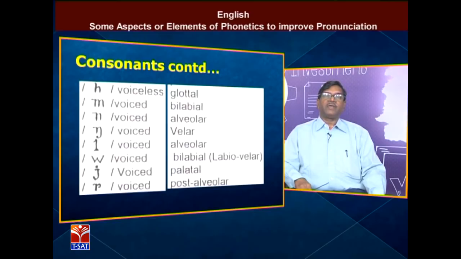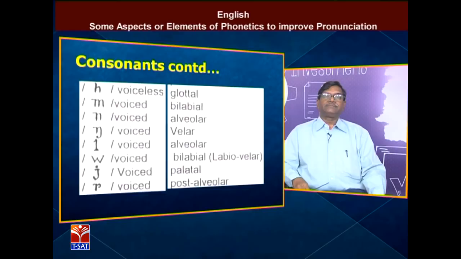So, wherever we have w in the spelling, it should be pronounced with the two labial lips as the active and passive articulators. Lower lip, active articulator, upper lip, passive articulator. So, that is why it is called bilabial sound. W, when, window, wife, like that.